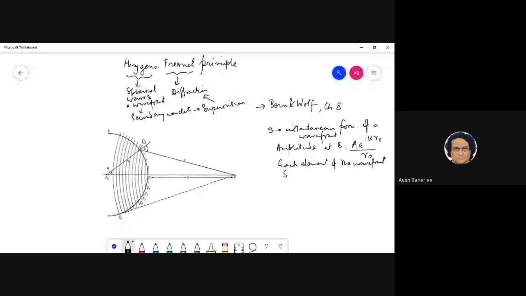Maybe I should just put this as B, which is easier, and I put this angle as alpha.